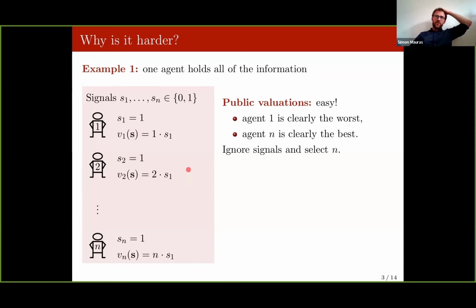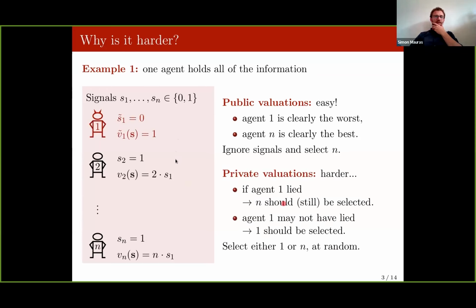But the problem comes when you have private values, because agent 1 may lie in a very complicated way: report their own signal to be 0, which causes everyone to have a 0 value, but also lie about the valuation function so that they're the obvious candidate to get the item. This is harder because now the mechanism facing this instance is wondering what happened.